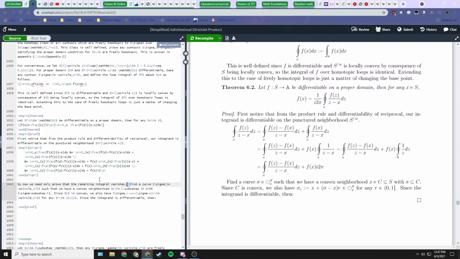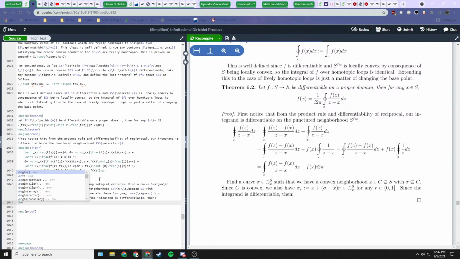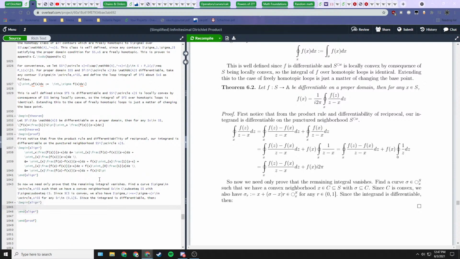So find a curve sigma in this multiply class such that we have this convex neighborhood. Since it's convex, we also have sigma sub r, this contraction. Since the integrand is differentiable, we have this remainder integral.